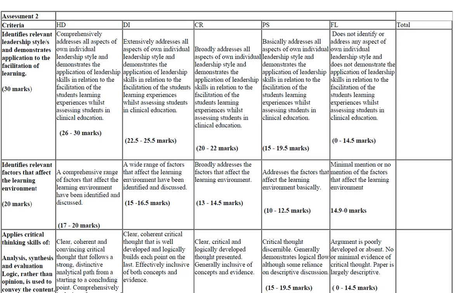how that impacts upon student learning. So clearly when you look at it here, you'll get a high distinction if you comprehensively address all aspects of your own leadership style and demonstrate how the application of that style in relation to the facilitation of student learning experiences works.